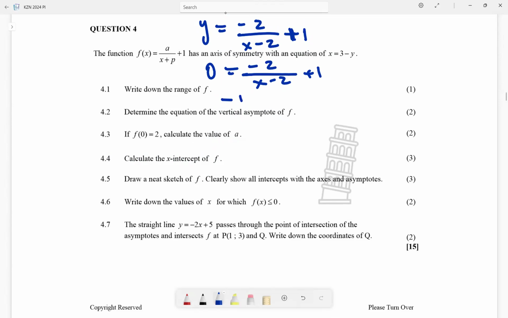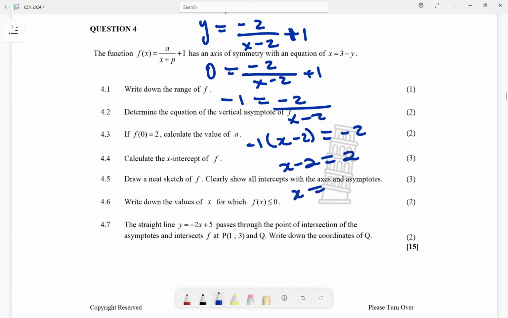Take this one to the other side: negative 1 is equal to negative 2 over x minus 2. Then cross multiply: negative 1 into x minus 2 is equal to negative 2. Then divide by negative 1: x minus 2 is equal to 2. Therefore, x is equal to 2 plus 2, which is 4. So for the x-intercept, when x is 4, y is 0.